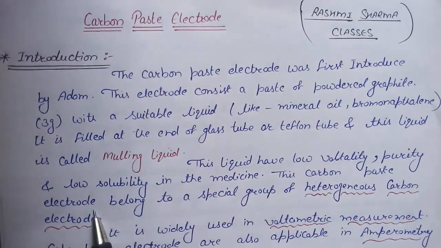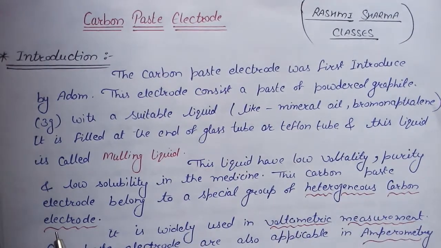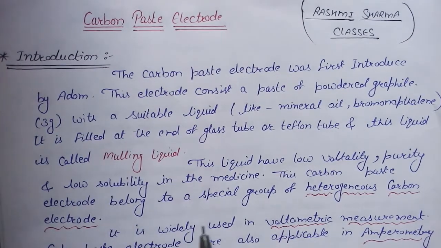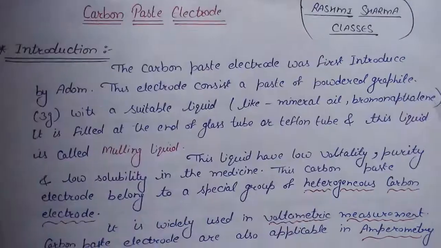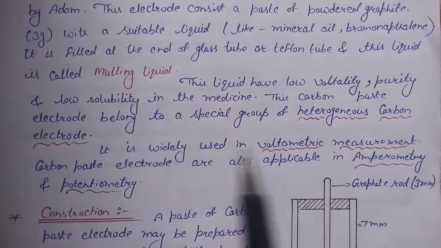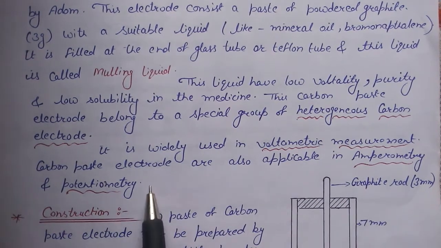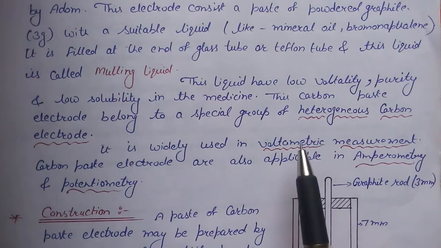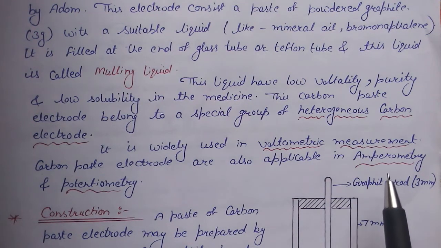This carbon based electrode belongs to a special group of heterogeneous carbon electrodes. It is widely used in voltammetric measurement. Carbon based electrodes are also applicable in amperometry and potentiometry. So these are its important uses: voltammetric, amperometric and potentiometric applications.